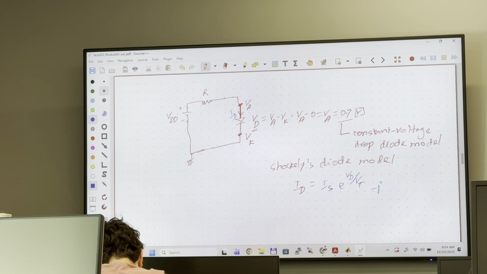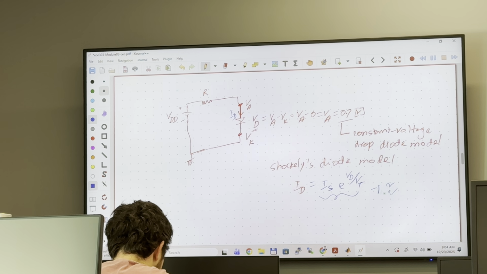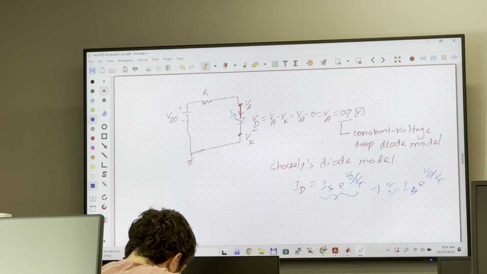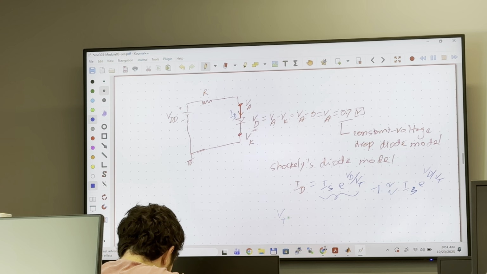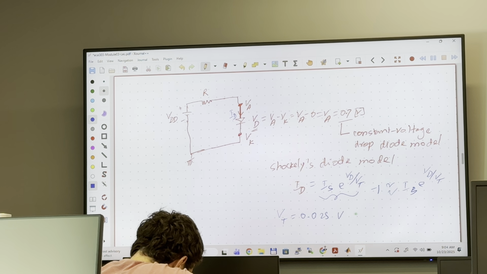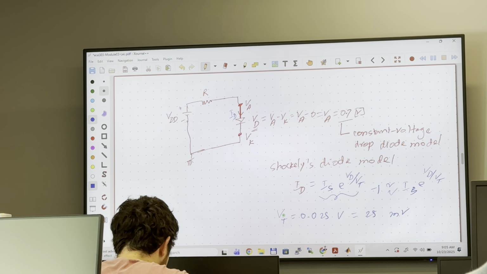Usually this exponential term is very large compared to 1, so you can just approximate it with I sub S e to the VD over Vt. At standard temperature, Vt is 0.025 volt, in other words, 25 millivolt. This is the thermal voltage. We went over this in our last course.